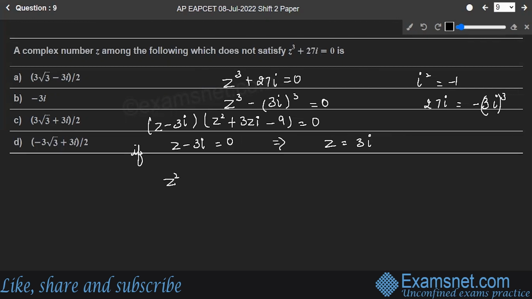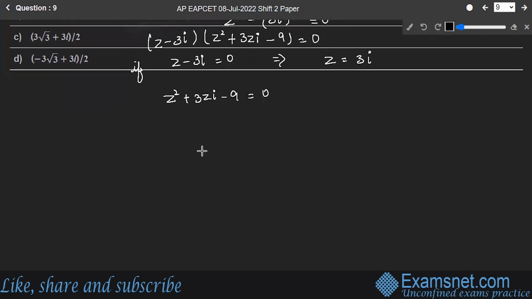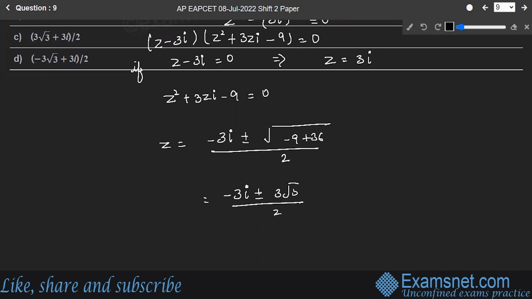Second, if z square plus 3z iota minus 9 is equal to 0, now applying the quadratic formula, you will get the value of the z as minus 3 iota plus minus root of minus 9 plus 36 whole divided by 2. That is equal to minus 3 iota plus minus 3 root 3 upon 2.